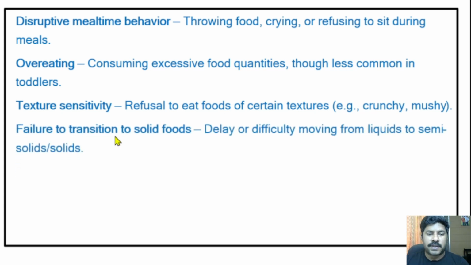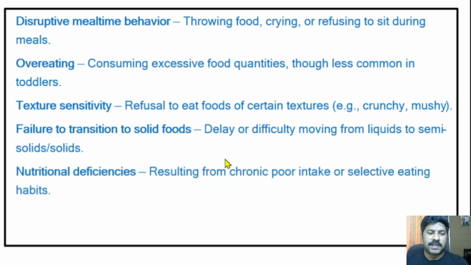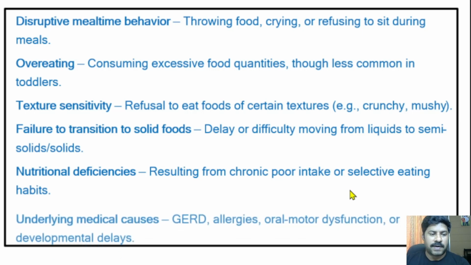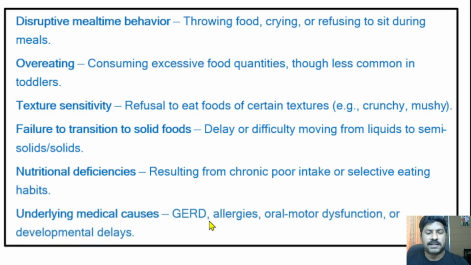Then failure to transition to solids, delay or difficulty moving from liquids to semi-solids. Then nutritional deficiencies resulting from chronic poor intake or selective eating habits. Then finally, underlying medical causes: GERD, allergies, oral motor dysfunction or developmental delays. These are the common issues in children.